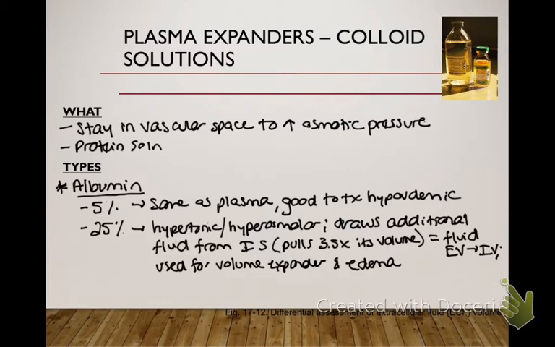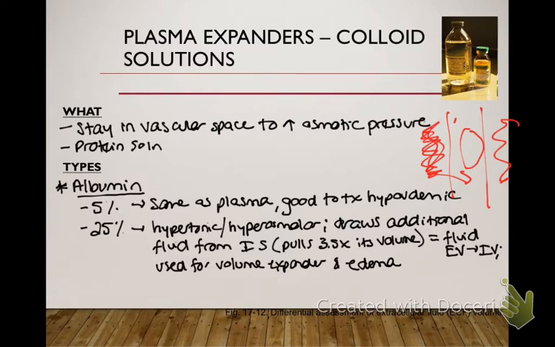It's going to pull fluid, because remember you have the cell itself, the vein, right? And you have this space outside that's like your tissue. And you've got fluid in all those areas. So it helps pull fluid from the tissues into the vascular space, because it's super hypertonic, super hyperosmolar.